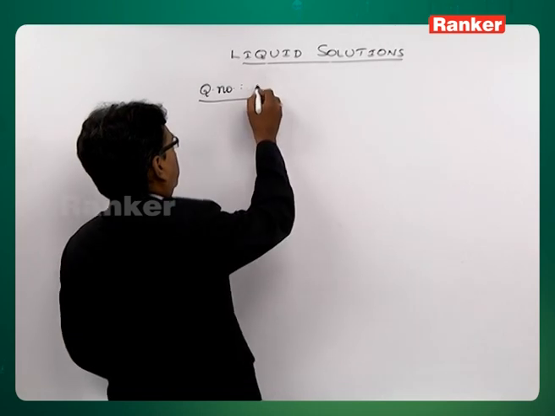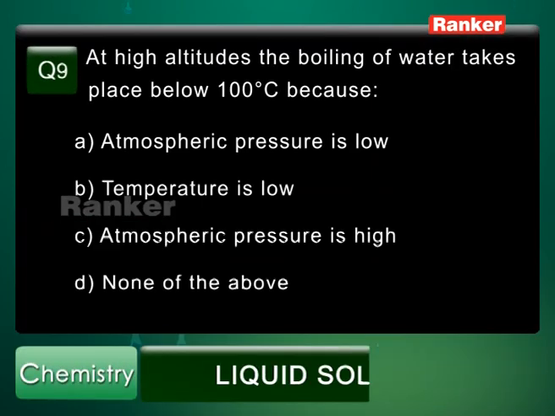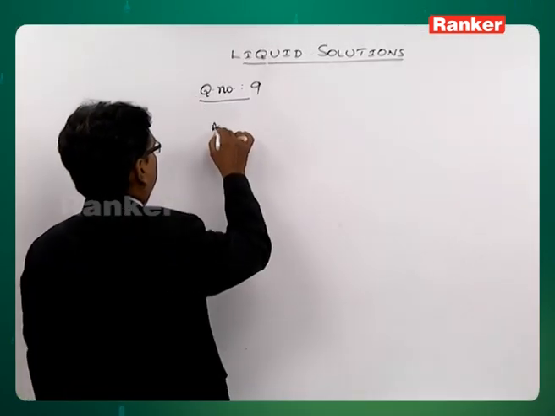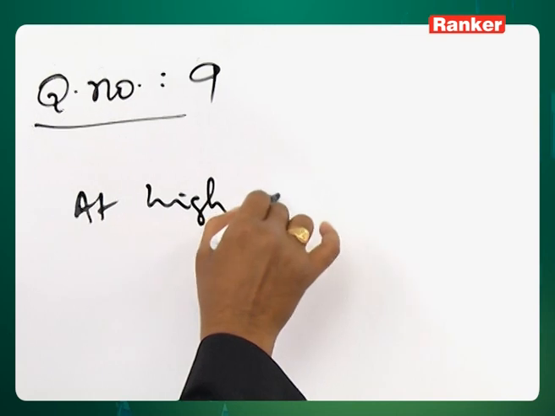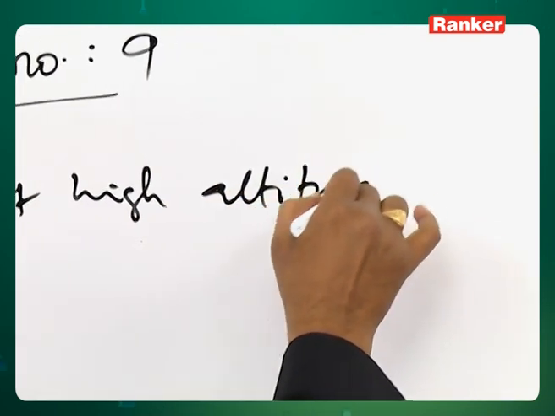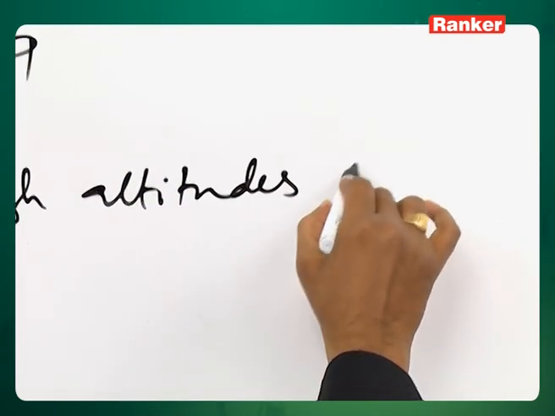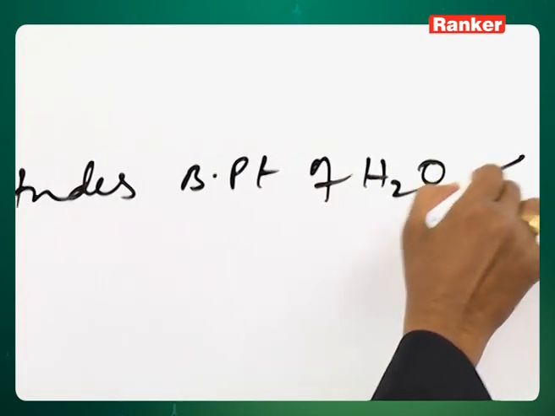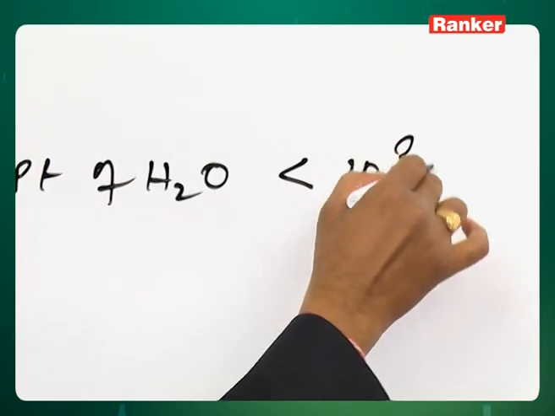Now, let us move on to question number 9. At high altitudes, the boiling of water takes place below 100 degrees Celsius because at high altitudes, the boiling point of water is less than 100 degrees Celsius.